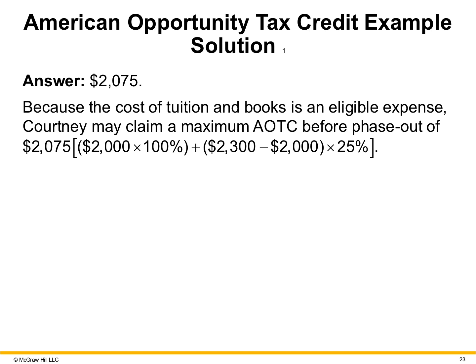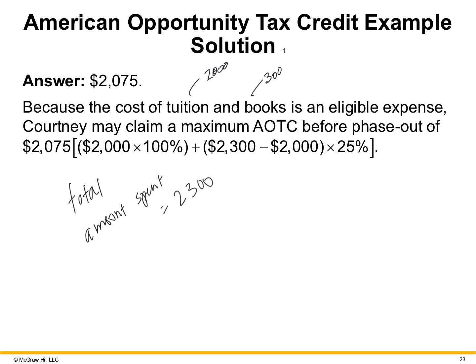The way we calculate that is, because the cost of tuition and books are eligible expenses, the total amount spent, if we recall from the previous slide, the tuition was $2,000 and the books were $300, so the total amount spent is $2,300.